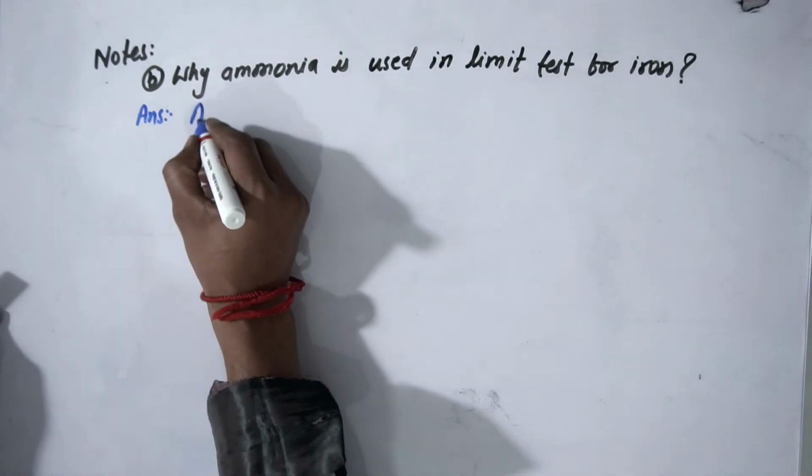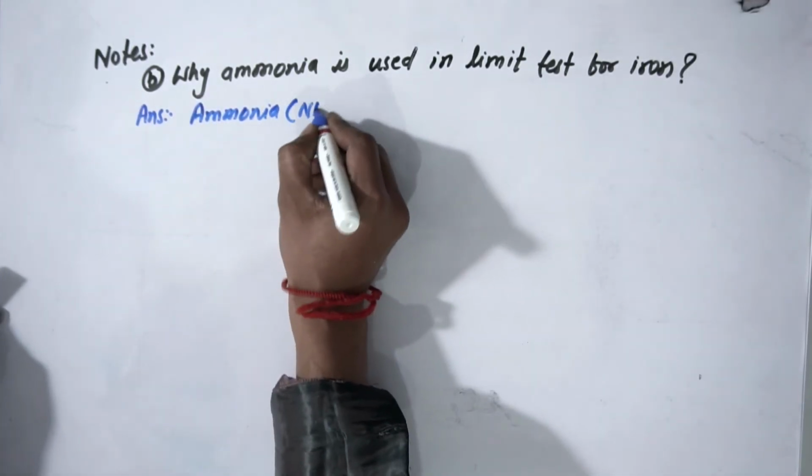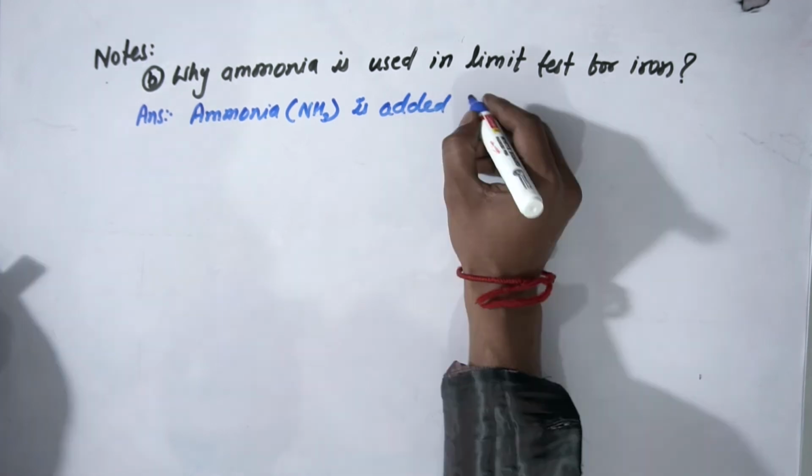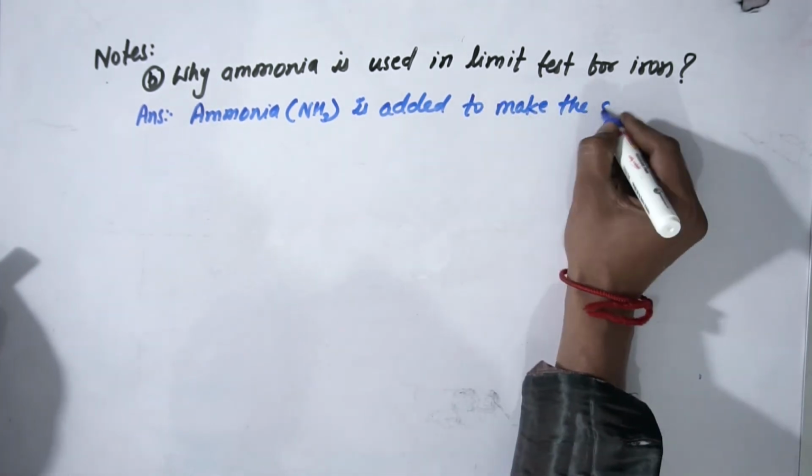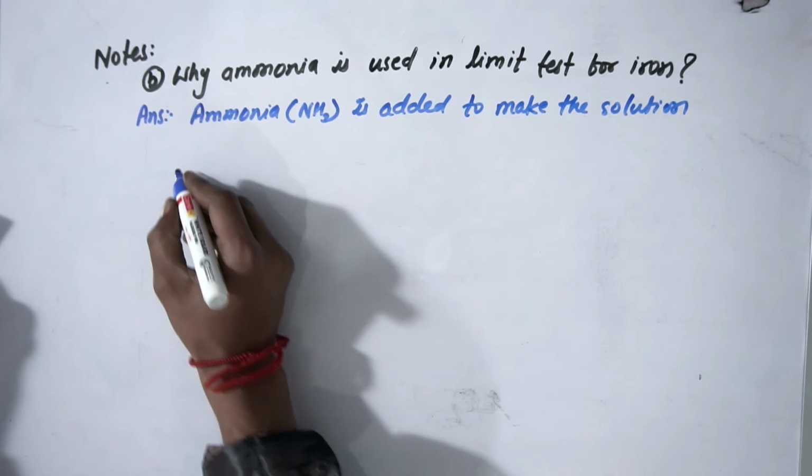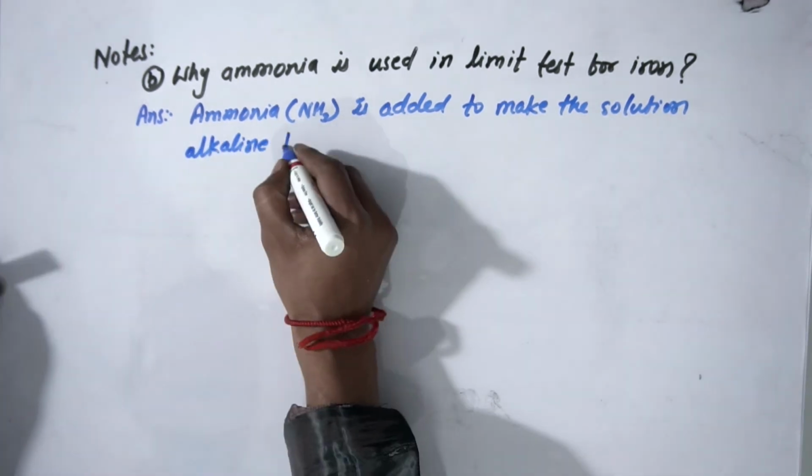The answer is ammonia, that is NH3, is added to make the medium or solution alkaline. Why do we have to make it alkaline?